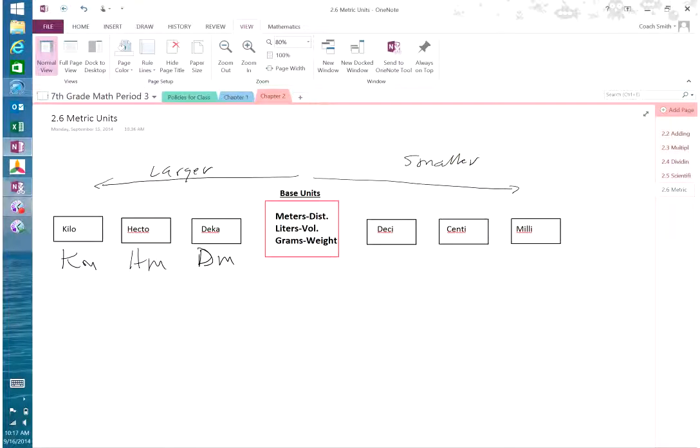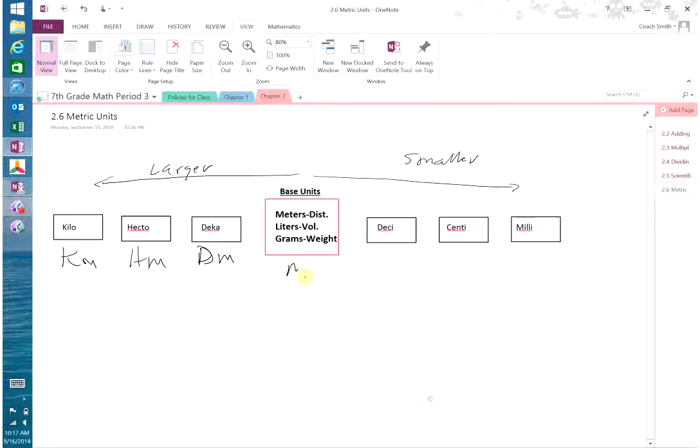On this side, we have meters, and that's the abbreviation for meters. Here we have decimeters, centimeters, millimeters. And that's how they move from where we would go inches, feet, yards, miles. They go millimeter, centimeter, decimeter, meter, decameter, hectometer, kilometer.